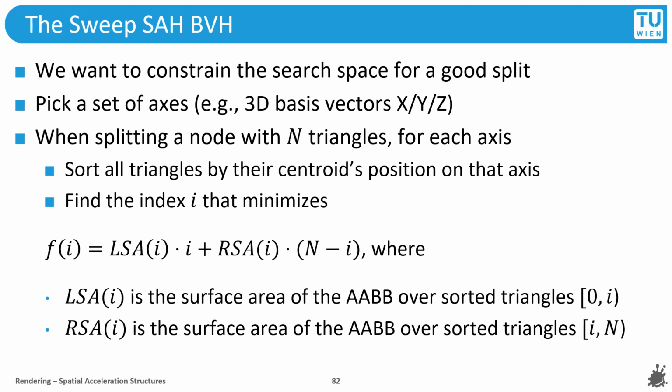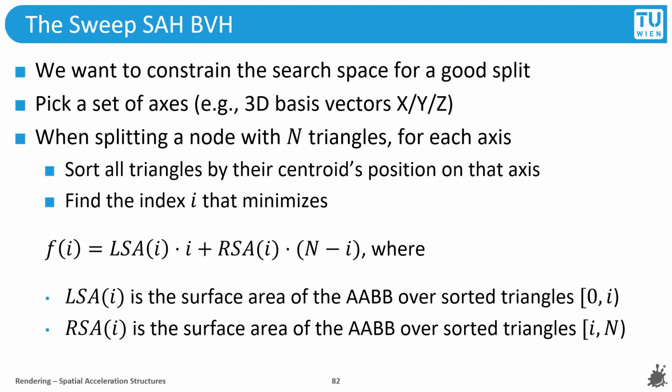We have a function f of i, and we have the terms LSA of i times i plus RSA of i times n minus i. And here we have introduced two single parameter functions that take a single index as input, that is LSA of i and RSA of i.